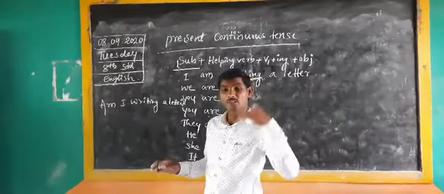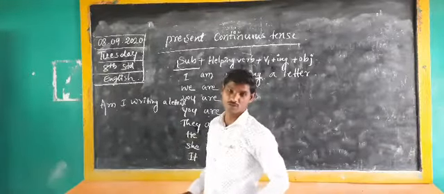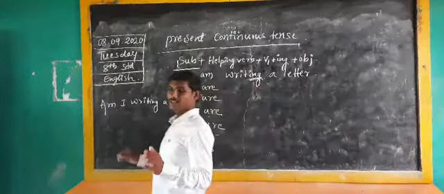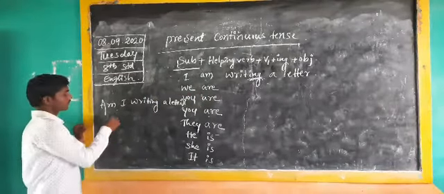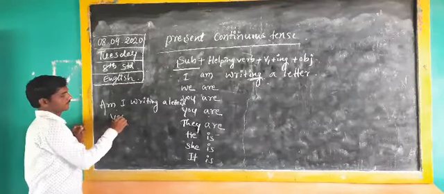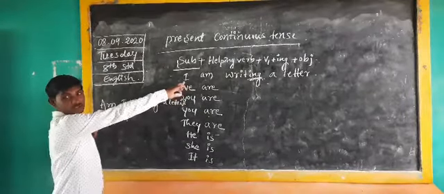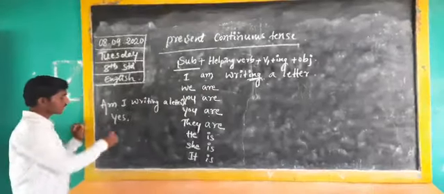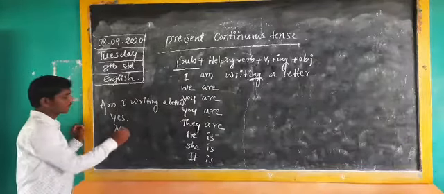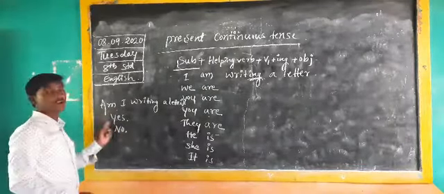You yourselves have to ask questions like these. If the action is going on by you, you should write yes. Yes, the same sentence you should write here: Yes, I am writing a letter. Is it clear? If you are not able to, write no, I am not.